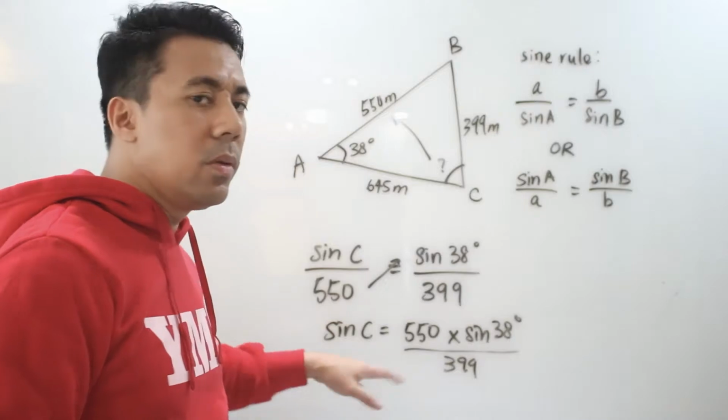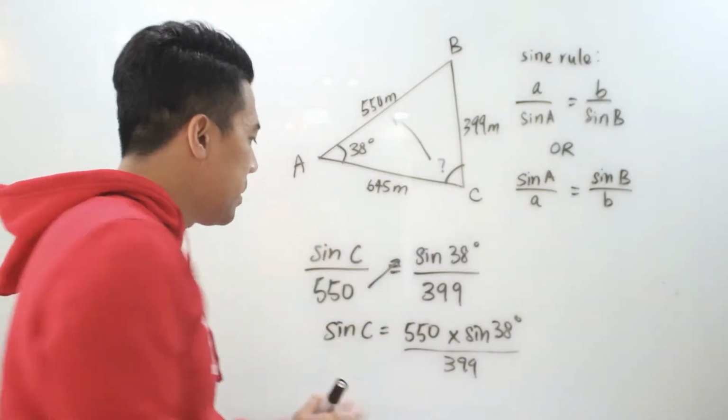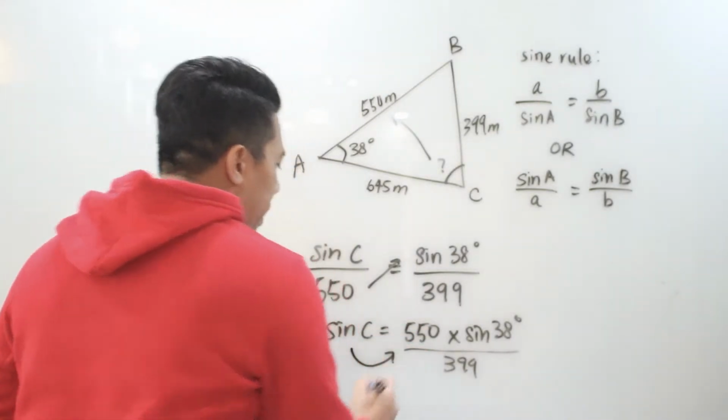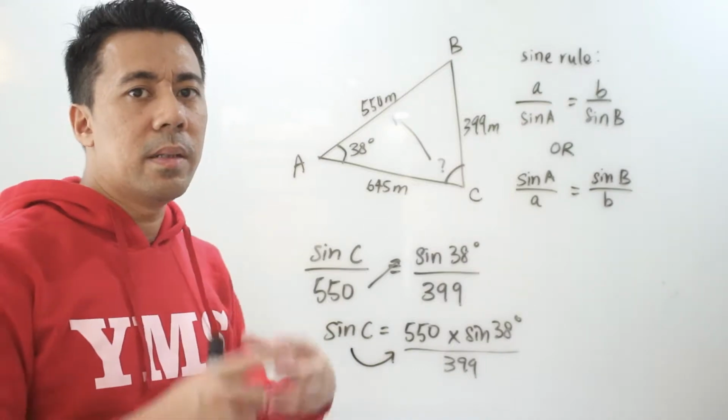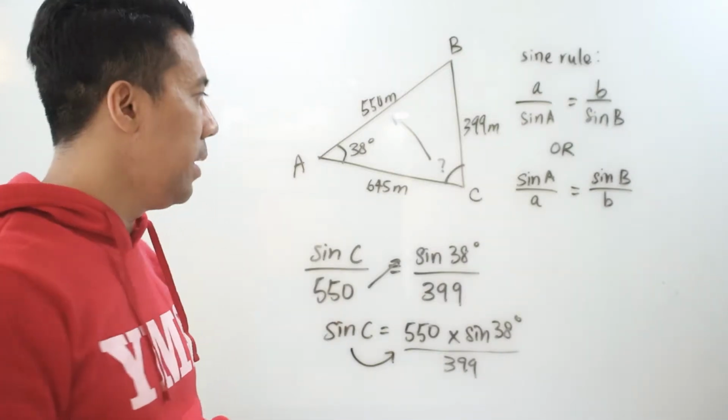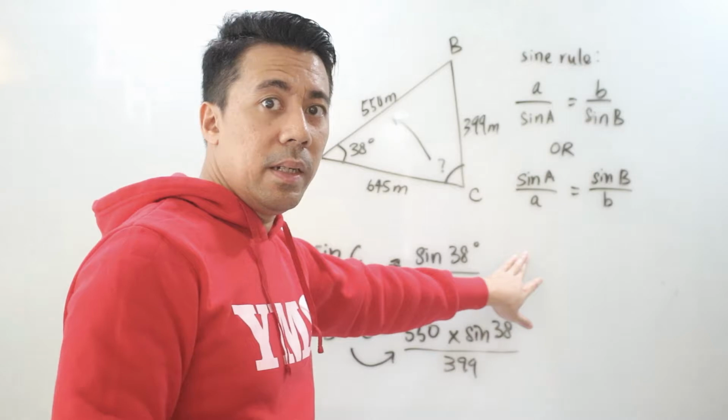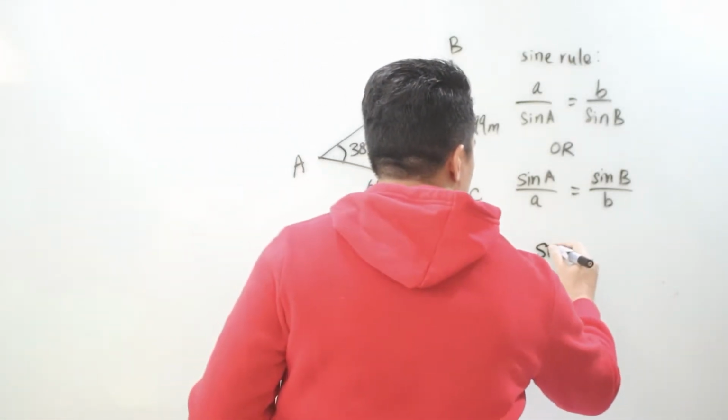And then to solve for C, I will bring my sine over. Bringing our sine over will give us the sine inverse, the function sine inverse. So I will write over this side, sine inverse.